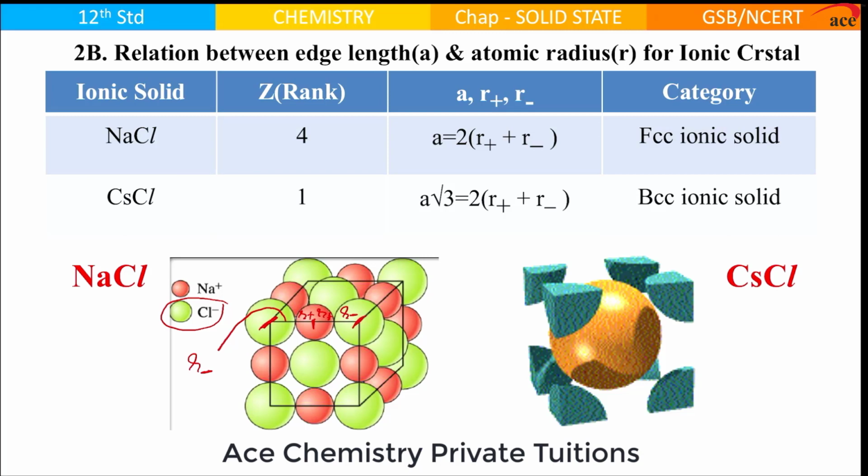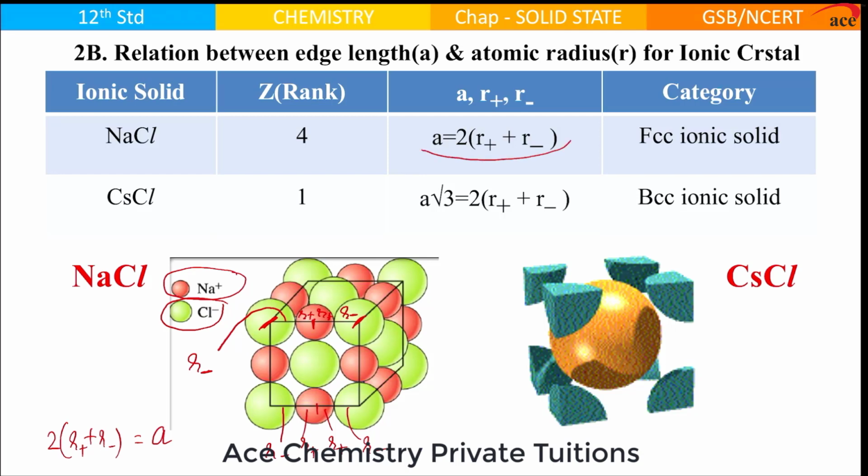This is R minus, this part is R plus, this part is R plus, this part is R minus. That means 2 of R plus and R minus corresponds to edge length. There will be two different kinds of spheres in ionic crystal, unlike metallic crystal, where there is only one kind of sphere, so only one R.